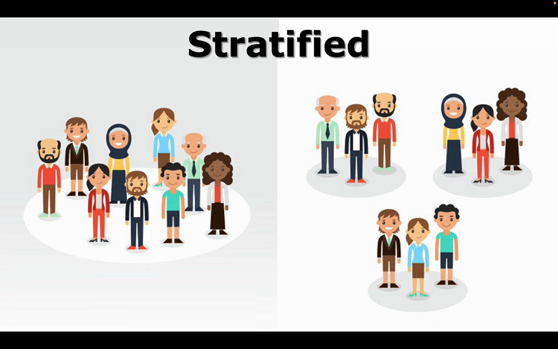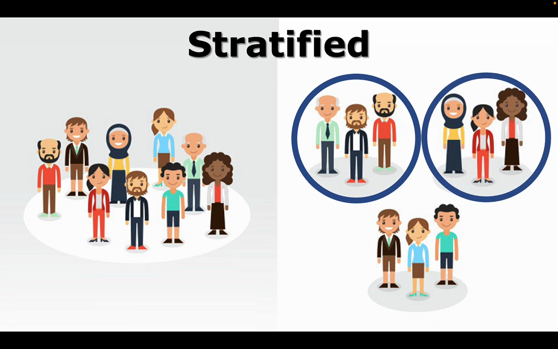Stratified sampling is where the sampling frame is divided into homogeneous and non-overlapping subgroups that we call strata. For example, each class at Radford University might be considered a stratum, and so the same number of students from each class are then randomly selected to be included in the sample.